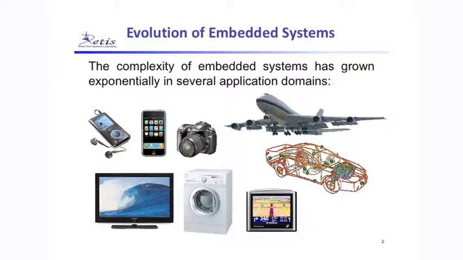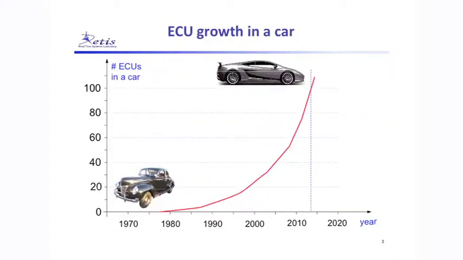We all know the evolution of embedded systems in several domains, from small devices up to very big systems like aircraft and cars, and each application has its own specific issues to be solved. One of the most typical domains is the car.